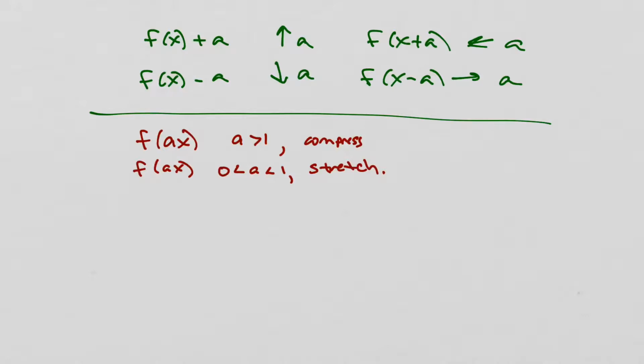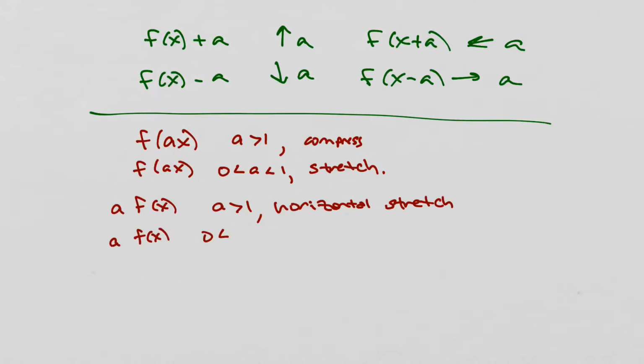If we multiply on the outside, remember I'm affecting my y values. So if I had a times f of x, if a is bigger than 1, then this is a stretch, and if a is between 0 and 1, this becomes a compression. Right?